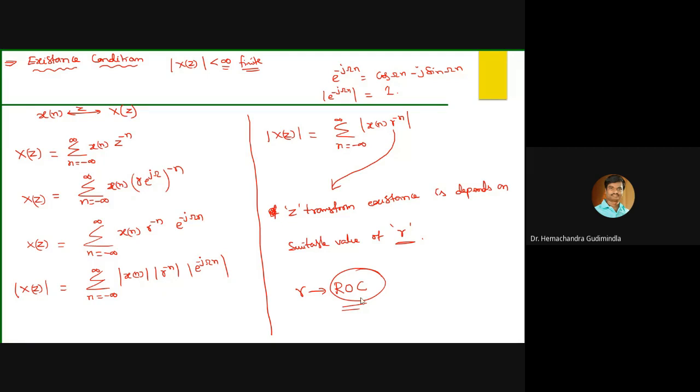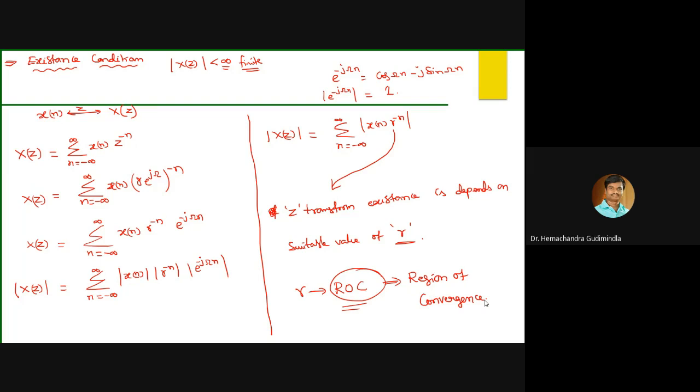Region of convergence. That means whether the Z transform exists or not depends on the region of convergence. If there is a region of convergence, then the transform will exist.